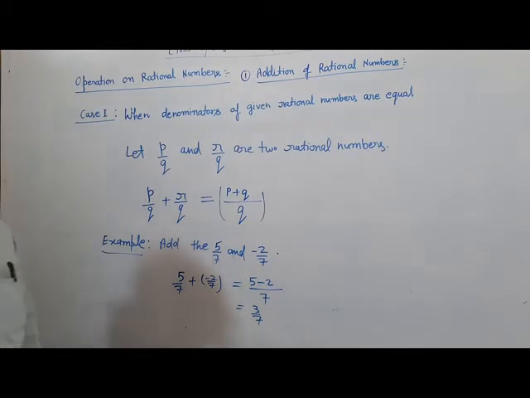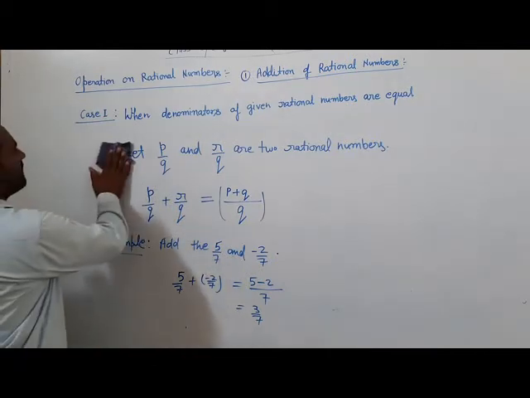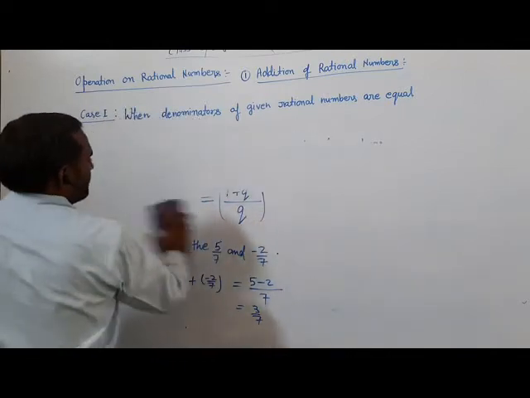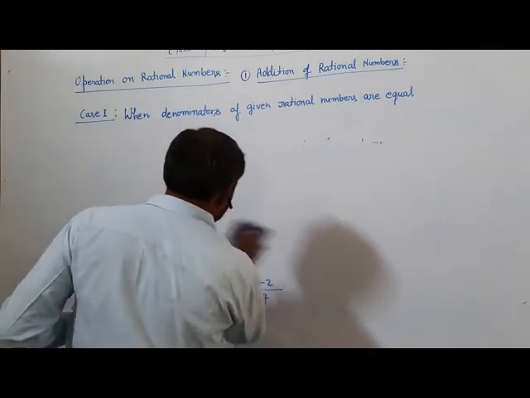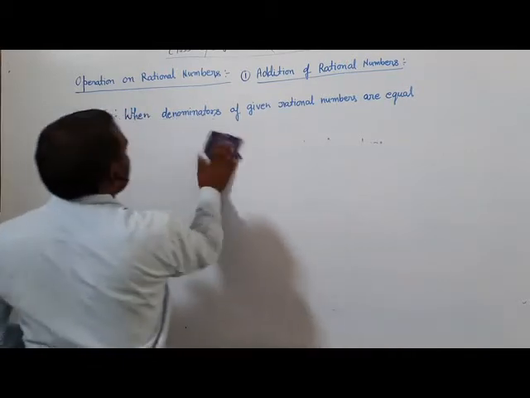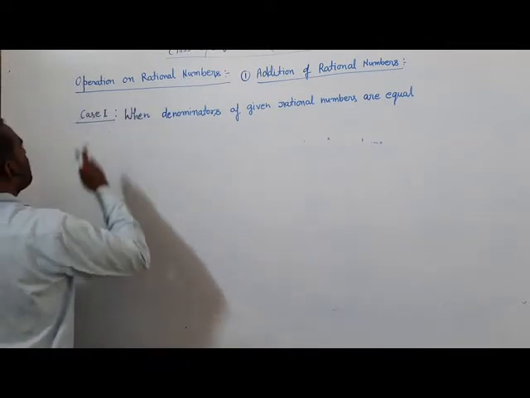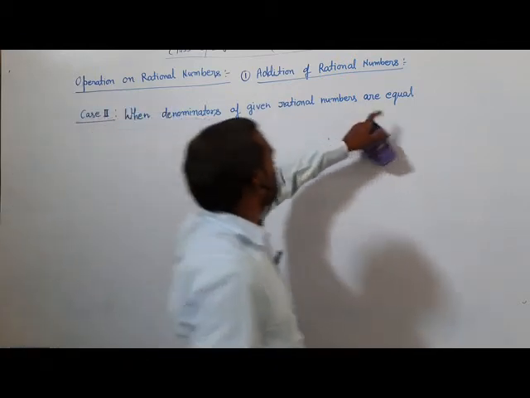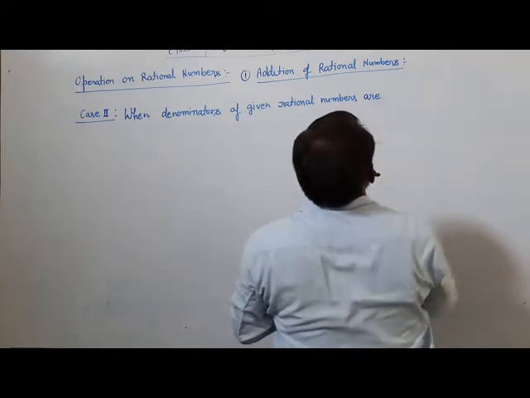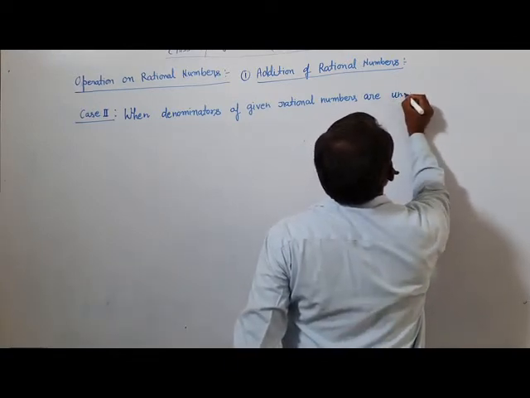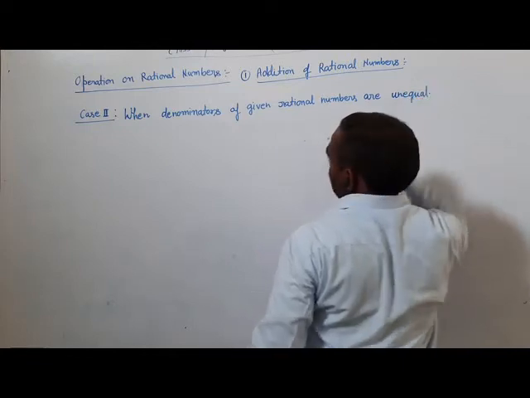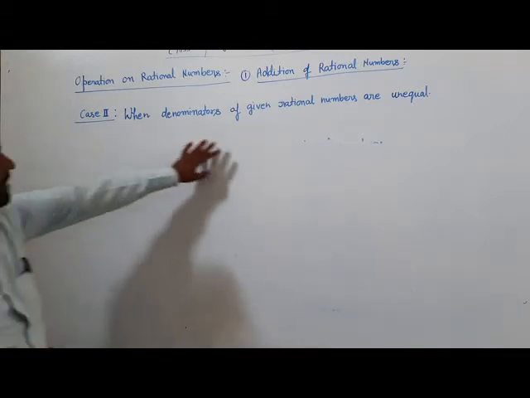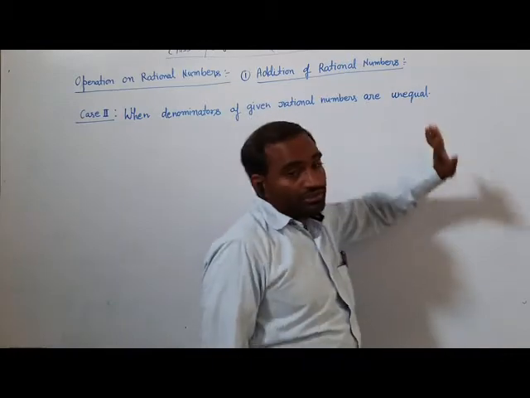Now we see the second condition. Case second: when the denominators of the given rational numbers are not equal, are unequal.